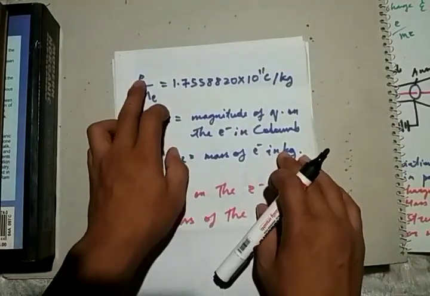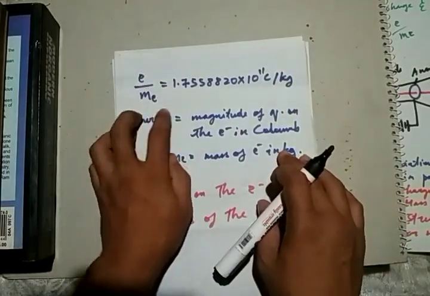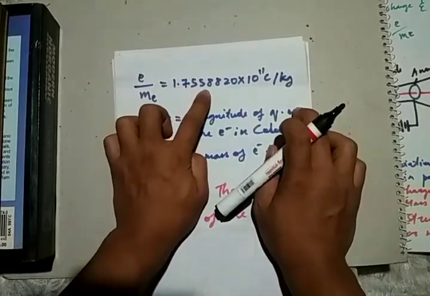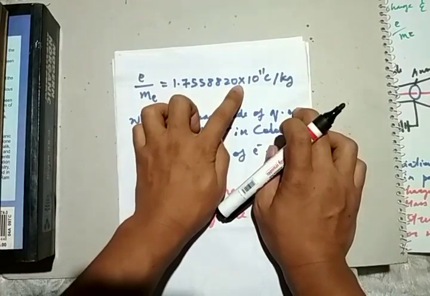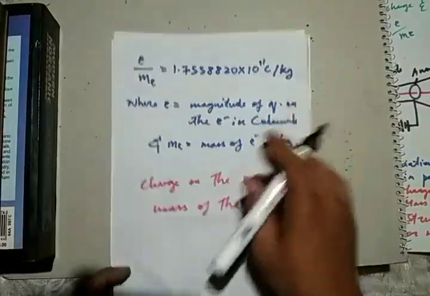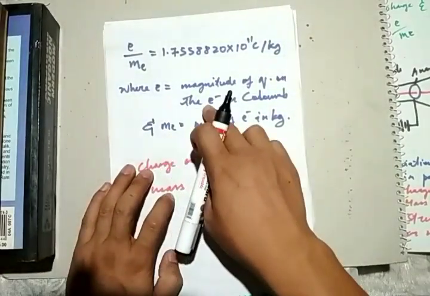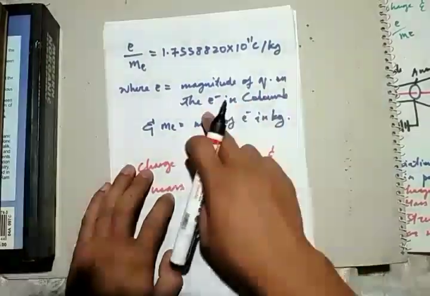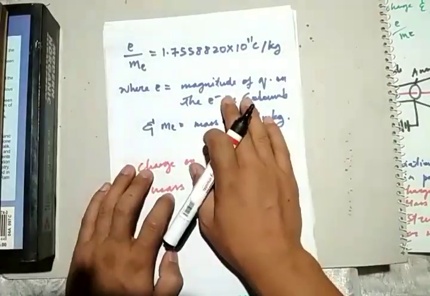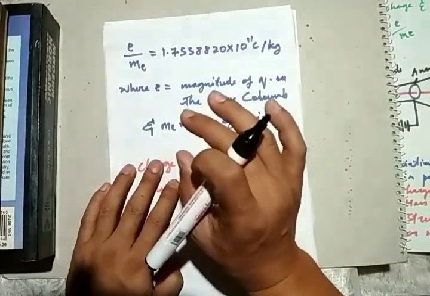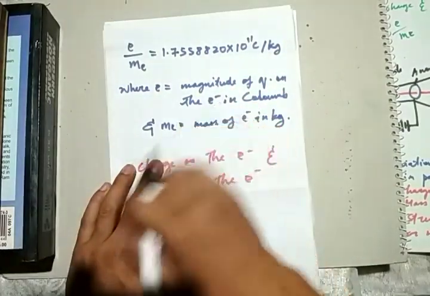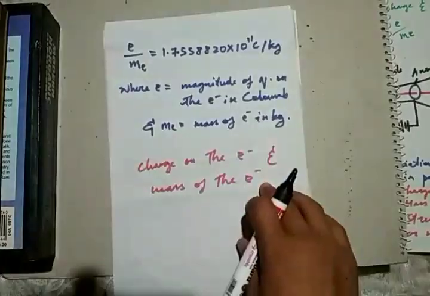So he was able to find the value of charge to mass ratio as 1.758820 × 10^11 coulomb per kg, where e is the magnitude of charge on the electron in coulomb and me is the mass of the electron in kg. So he was able to give the ratio of charge to mass of electron.